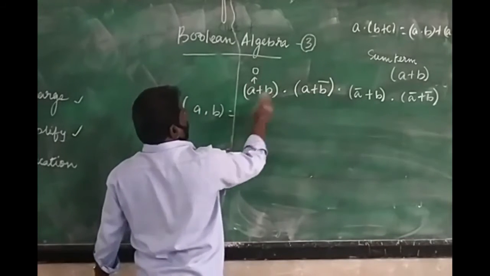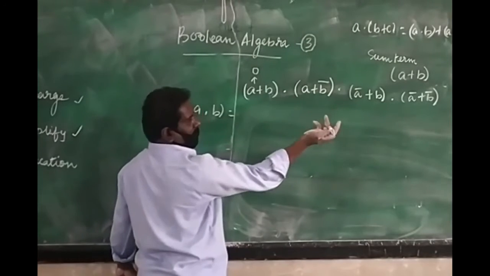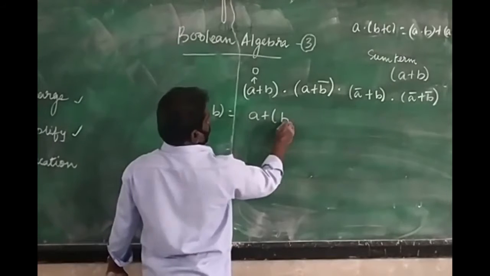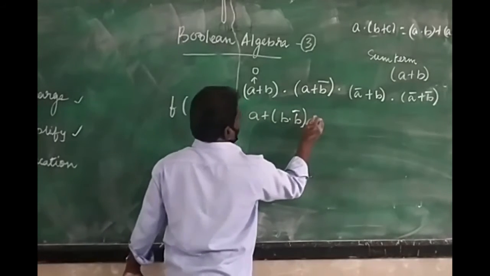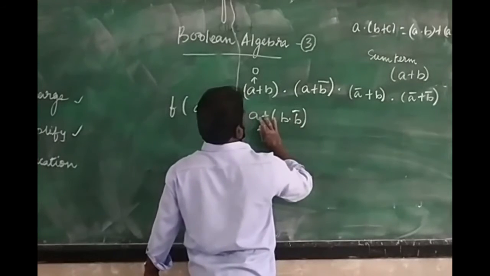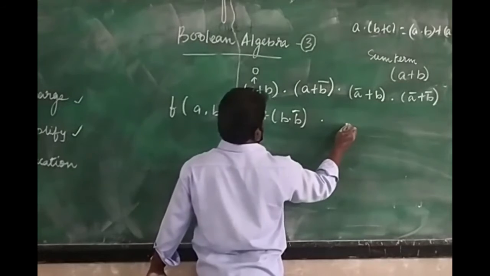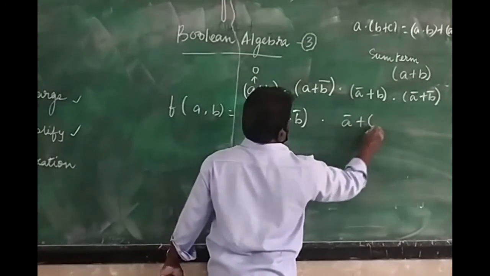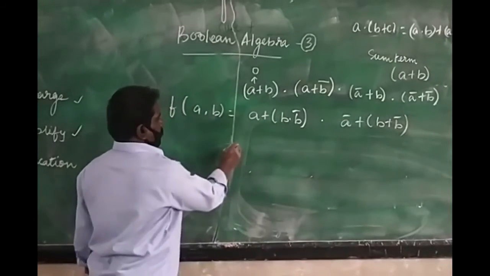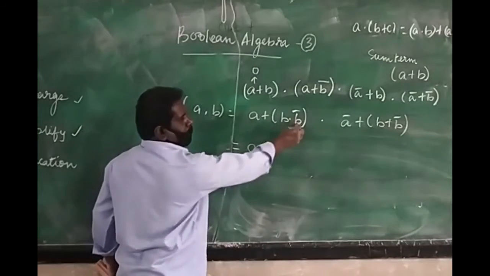A plus B, and common variables are there, so we get (A plus B dot B bar) dot (A bar plus B dot B bar).